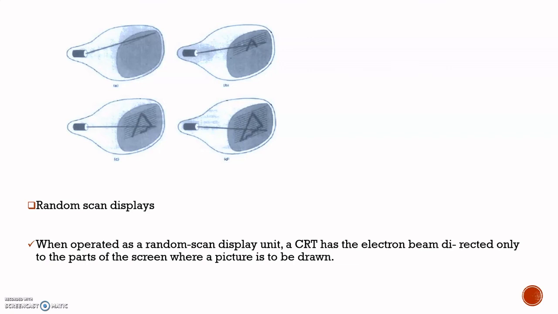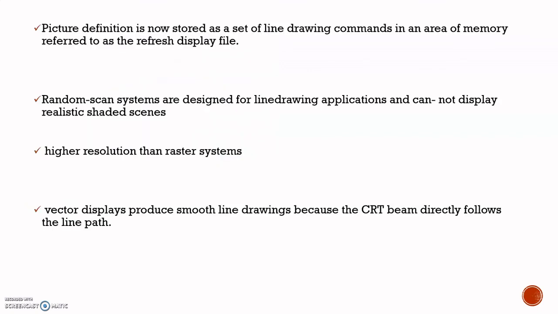From the definition itself, we know that random scan displays are only used for drawing pictures. These monitors draw a picture one line at a time, and for this reason they are also referred to as vector displays or calligraphic displays.